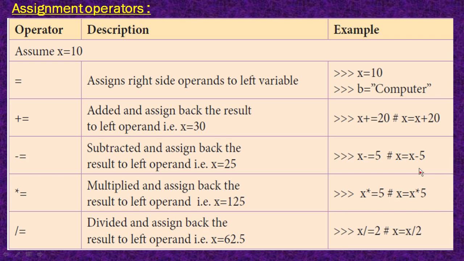X minus equal to 5 means x equal to x minus 5, therefore 10 minus 5 is equal to 5. Next one, asterisk equal to: x asterisk equal to 5 means x equal to x asterisk 5, that is 10 asterisk 5, equal to 50. Next one, slash: x slash equal to 2 means x equal to x by 2.